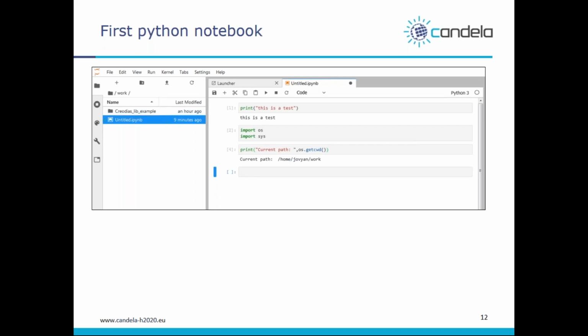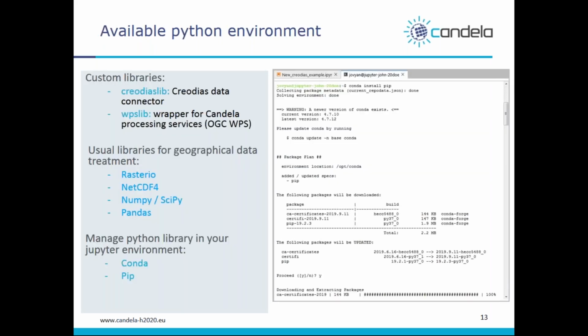So what's in the Python environment of the notebook? For Candela, we developed two useful libraries. The first is a CREODIAS data connector that allows you to retrieve Sentinel, Landsat, and all kinds of data from those collections, and search in these collections for the data you want to use, as well as retrieve the data.